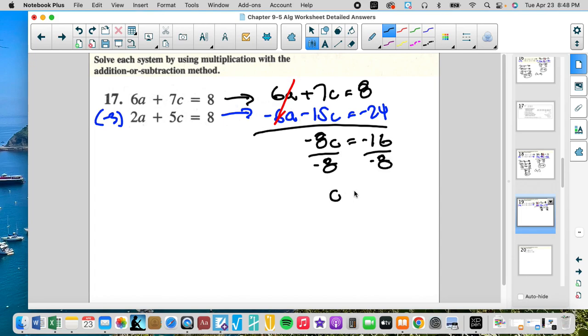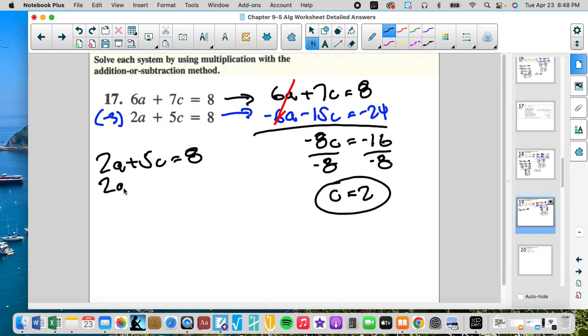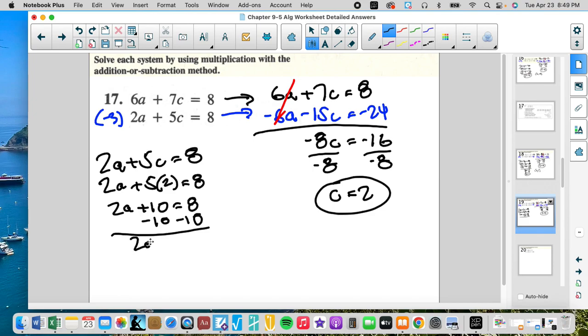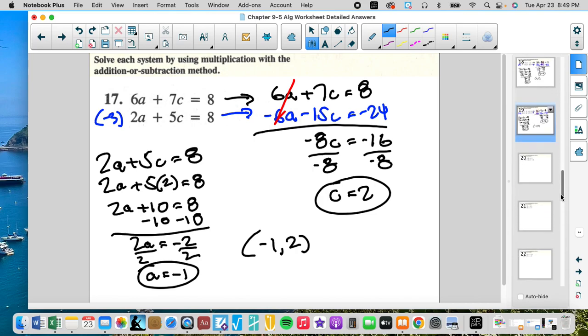Divide by negative 8. c equals positive 2. 2a plus 5c equals 8. 2a plus 5 times 2 equals 8. 2a plus 10 equals 8. Subtract 10. 2a equals negative 2. Divide by 2. a equals negative 1. Negative 1, 2 would be my solution.